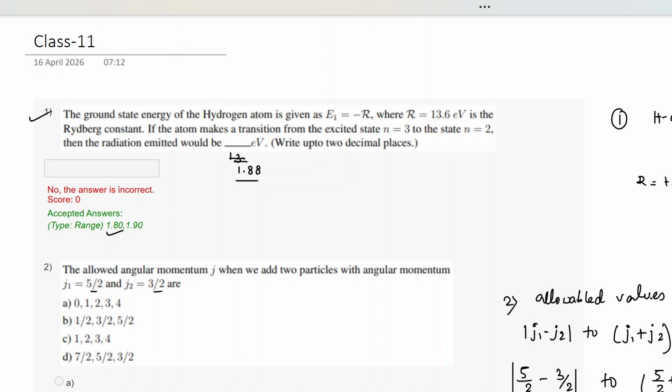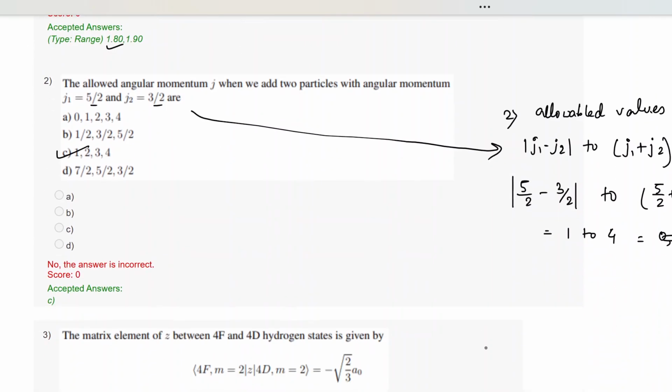So the values can be 1, 2, 3, 4, because these will all be in differences of 1 as the value of J goes. So the accepted answer is C. 1, 2, 3, 4 are the allowed values, and you can define the range by this formula: it will go from mod of J1 minus J2 up to a maximum of J1 plus J2.